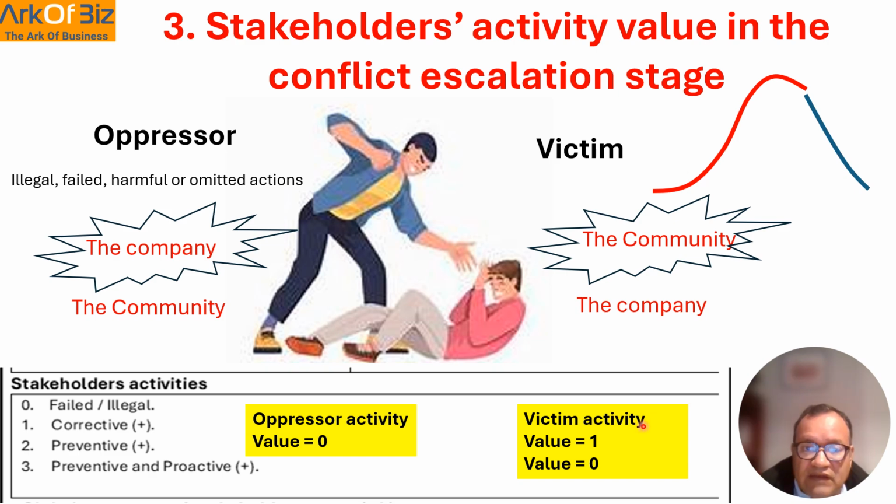However, if the victim is ignored by the company or by the oppressor and responds with illegal or failed activity, they receive a value of 0. So both the oppressor value and the victim value are then incorporated in the overall social license to operate calculations.